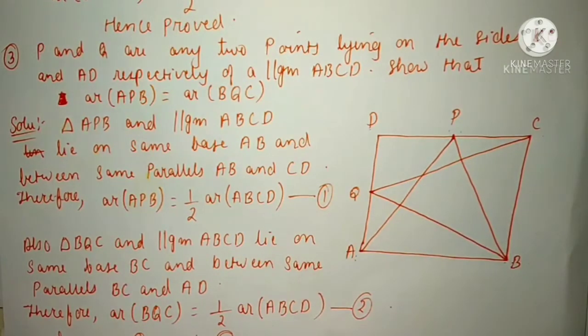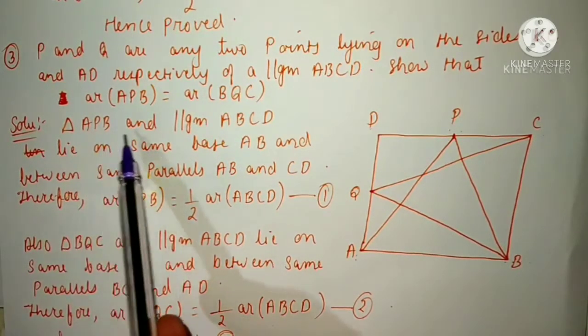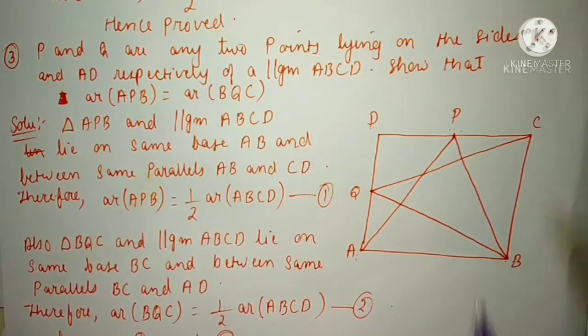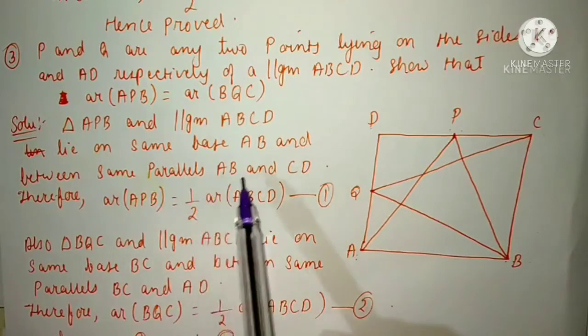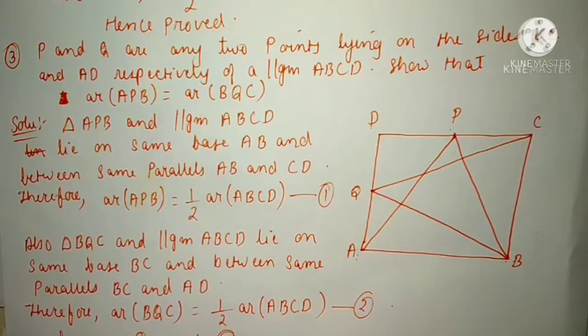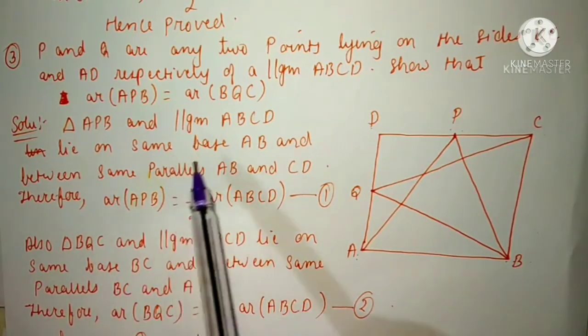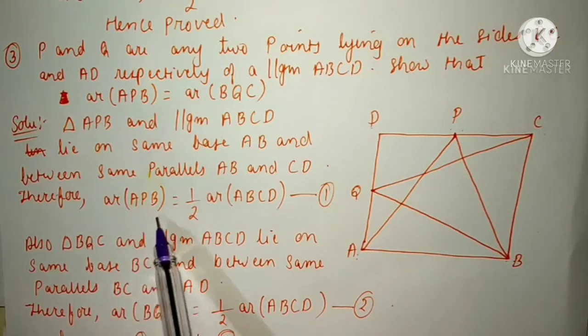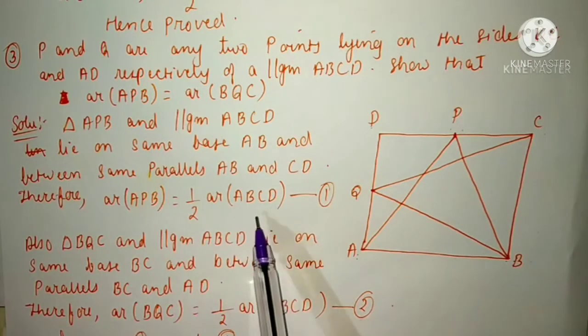So we can write triangle APB and parallelogram ABCD lie on the same base AB and between the same parallels AB and CD. Now since they lie on the same base and between the same parallels, therefore area of triangle will be half of area of parallelogram. So area of triangle APB is equal to half of area of parallelogram ABCD. Now name this as equation number 1.